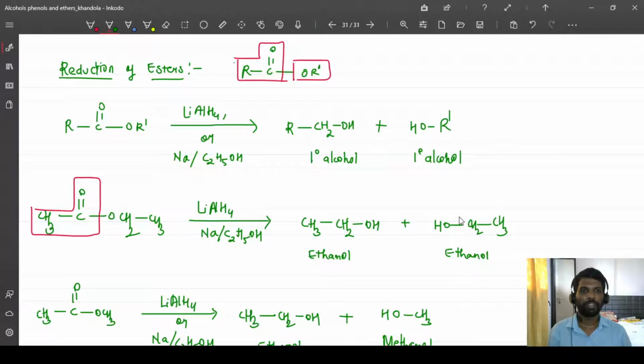So this is where I end with the topic, where we prepared different degree alcohols by the reduction method. We did the reduction of the aldehyde, ketones, then carboxylic acid and the ester.